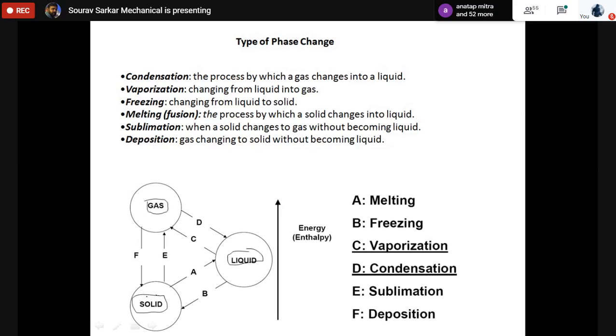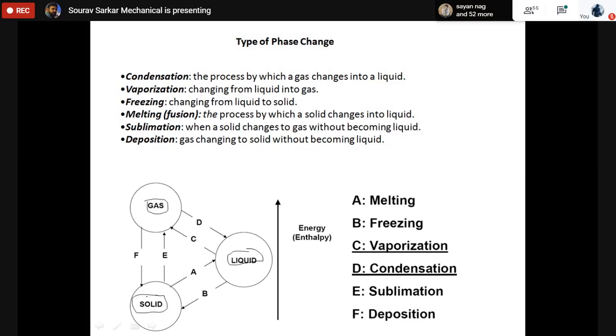Even it is possible to see sublimation of ice at some specific temperature and pressure. So everything can happen, like sublimation of water is possible, or vaporization of iron is also possible. It depends upon what conditions you are creating. So for every substance, you can get these processes.